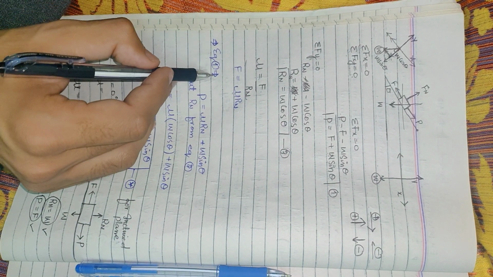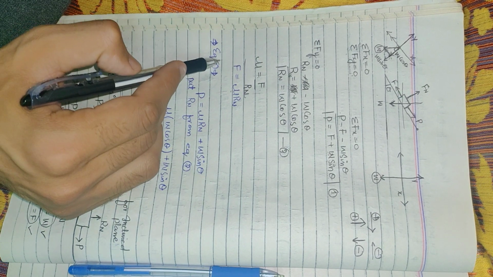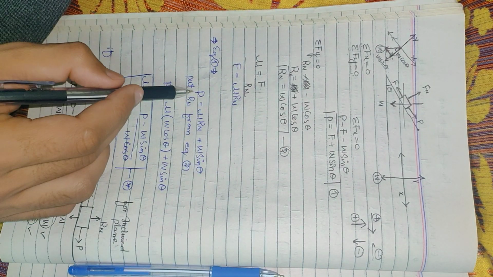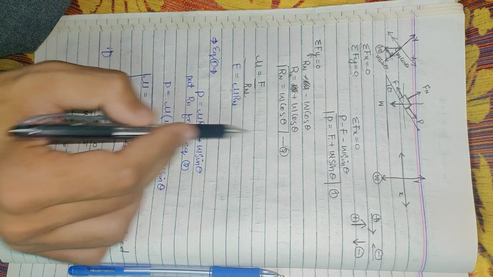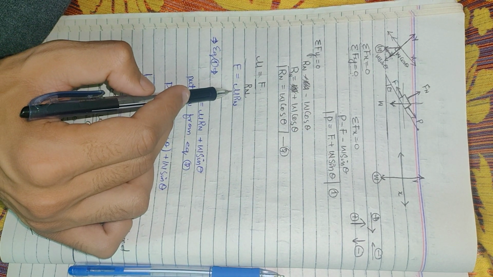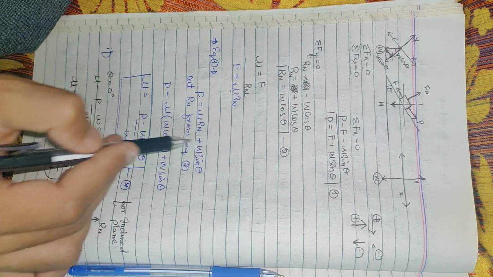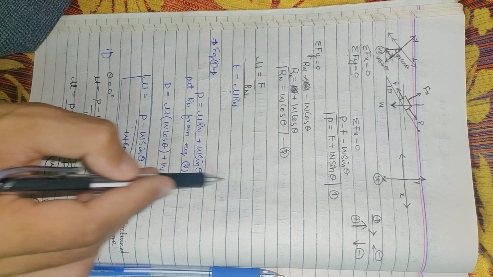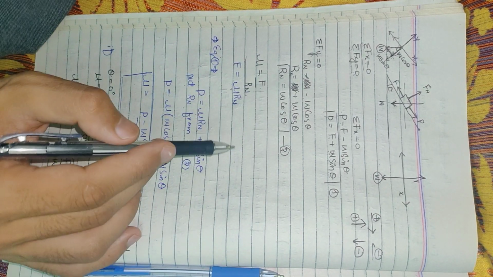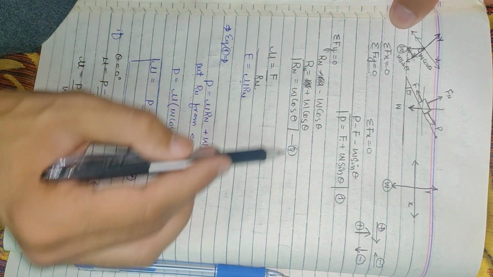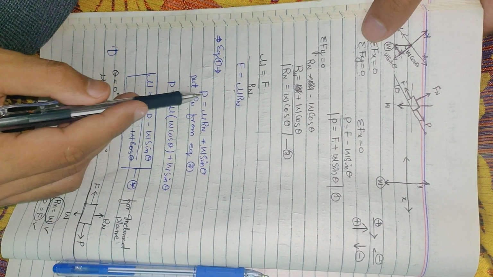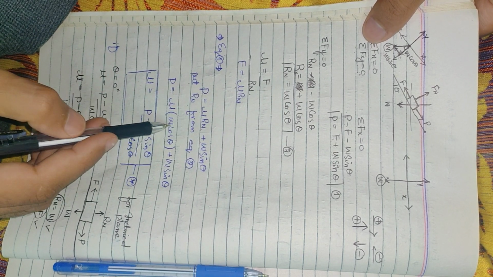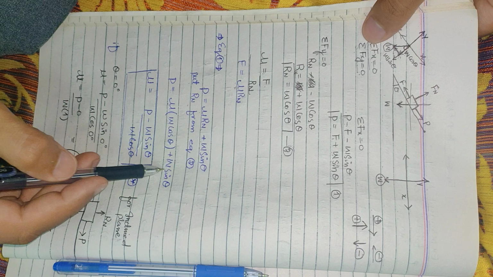We put the value of the friction force in equation number 1, so P is equal to mu Rn plus W sin theta. Putting Rn from equation number 2, Rn is equal to W cos theta, so P is equal to mu W cos theta plus W sin theta.